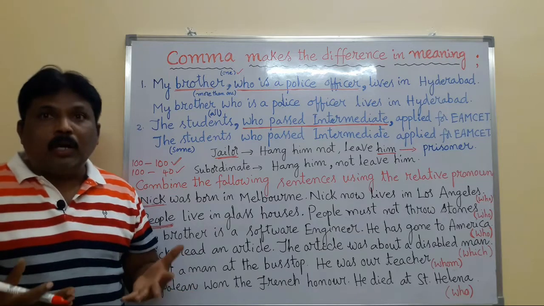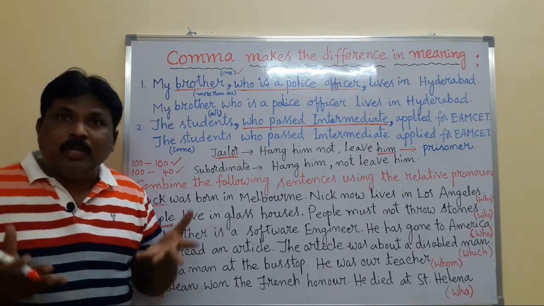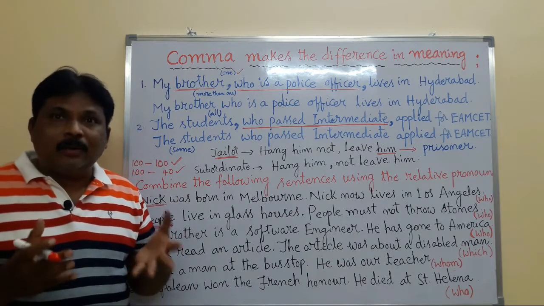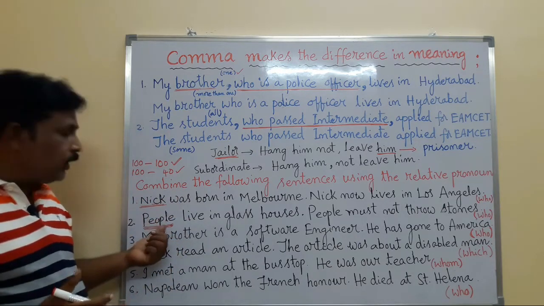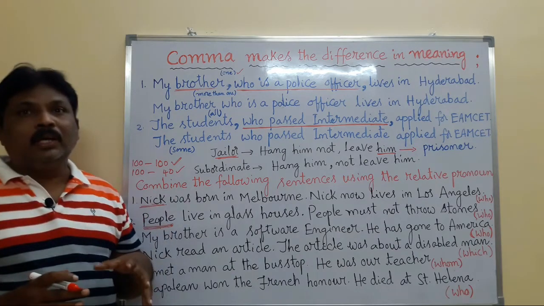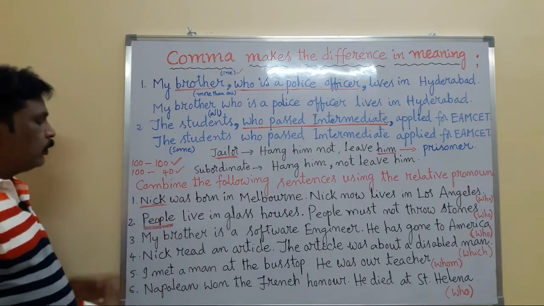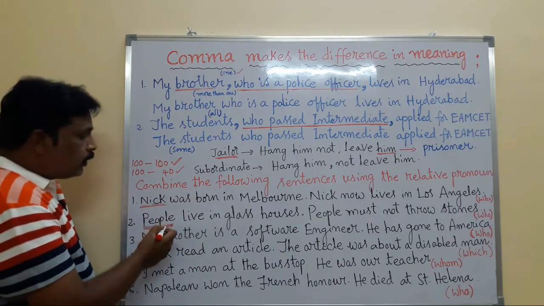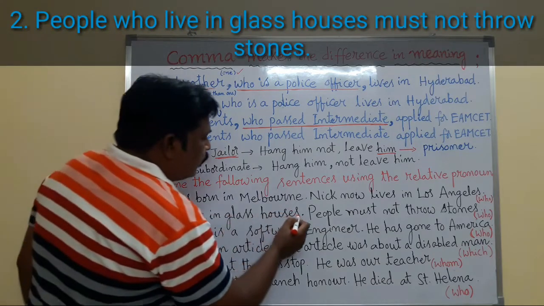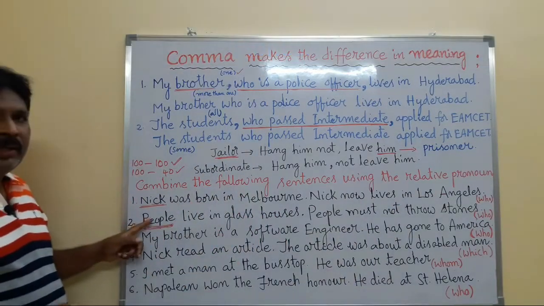Which people, which area people, there is no specific meaning for the people. We cannot define these people. So there is some ambiguity for which people, who they are, we do not know. That's why we can write it in a defining clause. People who live in glass houses must not throw stones. This is the answer for the second one.